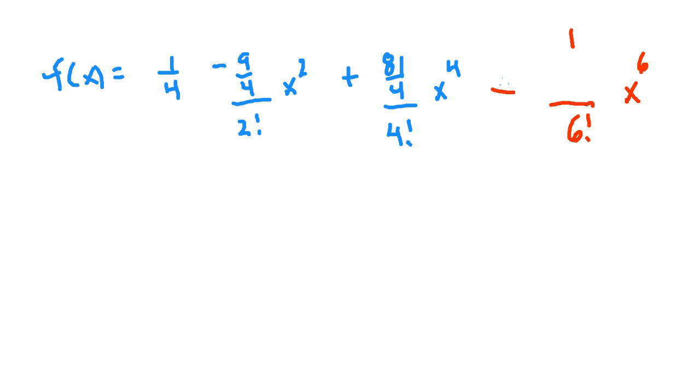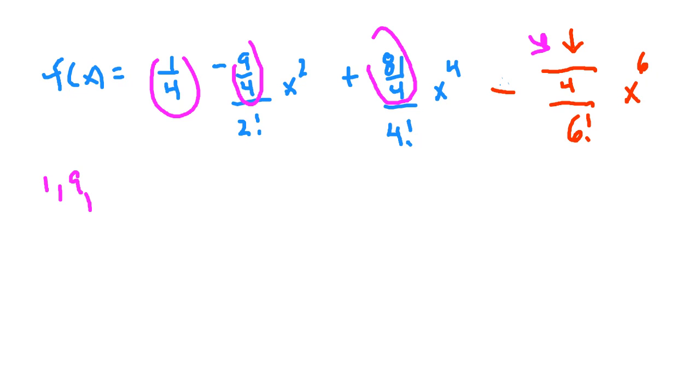What do you think the term's going to be here? Something over a 4th, right? Because look at these two terms. You had a 4th, and then you had 9/4, 81/4. What number's going to go here, you think? The numerator is 1, 9, 81.